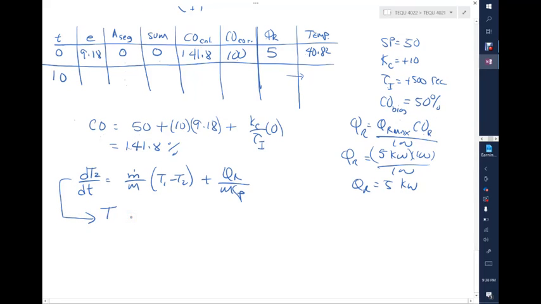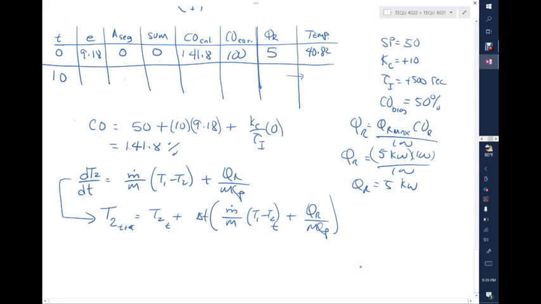In the Euler version, that equation will be like this: T2 at time t plus delta t equal T2 at time t plus delta t parenthesis m dot over m T1 minus T2 plus QR over mCp. Close this. Now, this T1 is a constant, but this T2 is the one changing, and that T2 is evaluated also at the same t here.